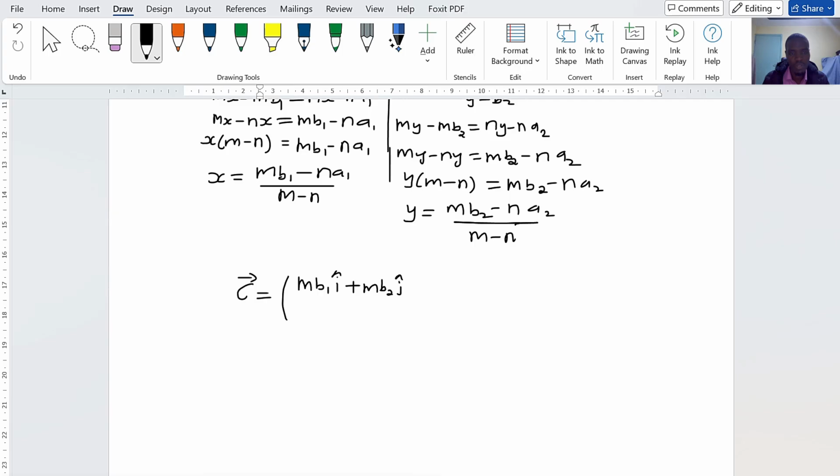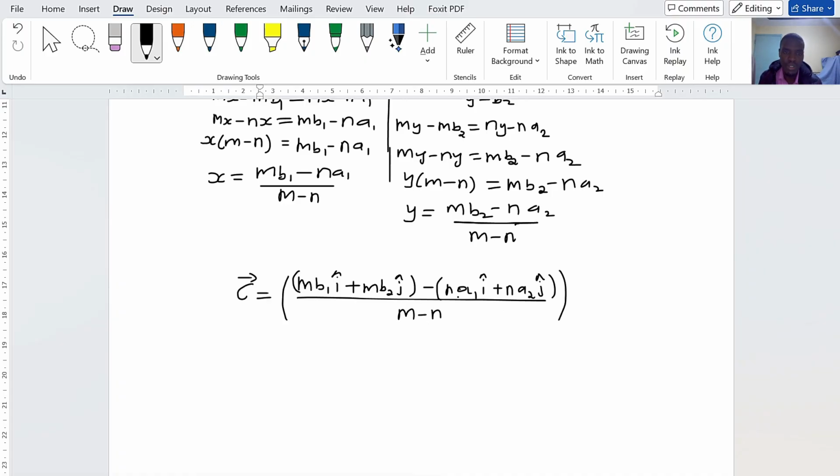Then close this and then minus because of this negative, then you can create a bracket for N. We have N A1 i. Now for us to maintain the minus for this, we need to have a plus here. So N A2 j. Now since we have a common denominator, all this over M minus N.